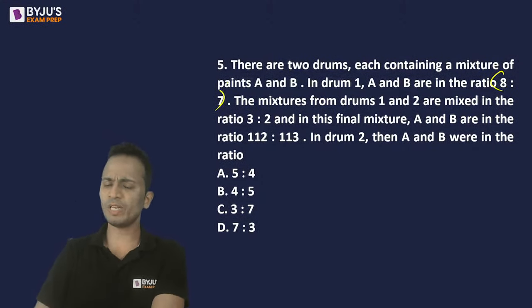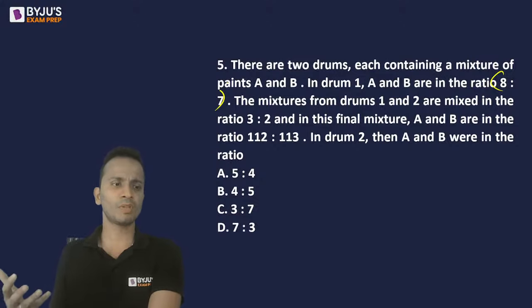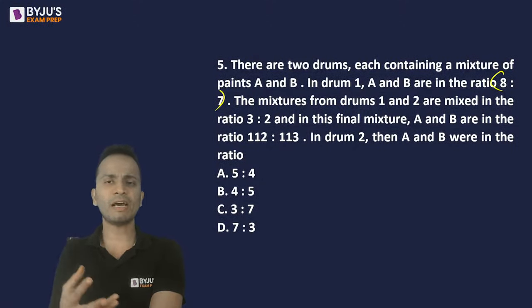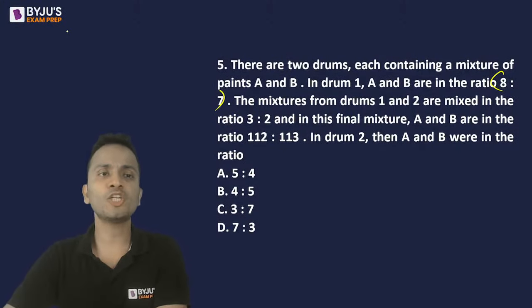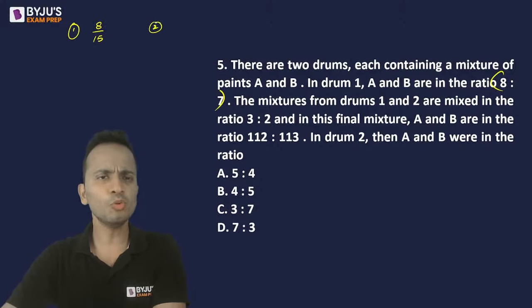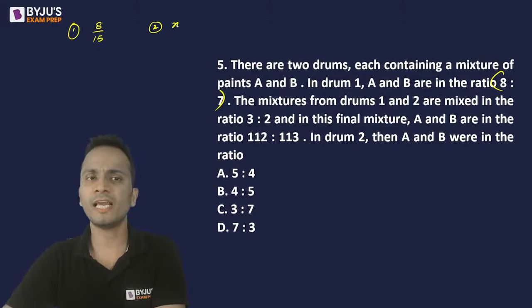Before we start, we'll have to decide whether I will be applying weighted average or alligations on the fraction of A or on the fraction of B. If I apply it on the fraction of A, in drum 1, the fraction of A is 8 upon 15. In drum 2, assume that the fraction is x.